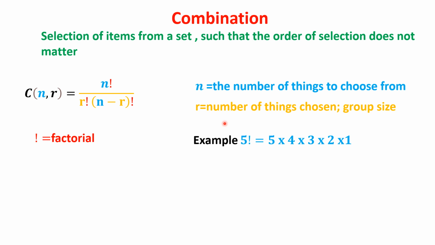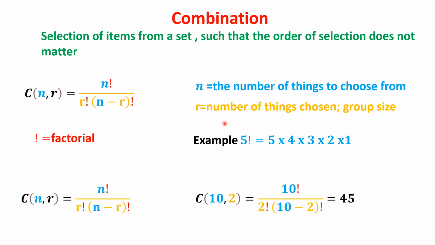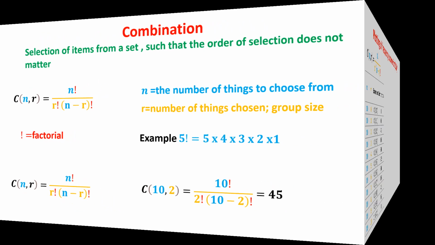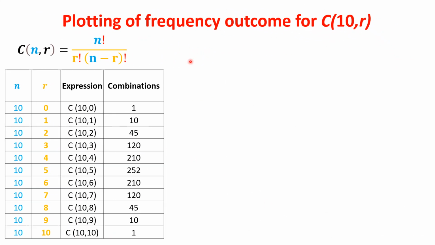Okay. Now, if I want to choose two job from that particular tray or the set, how many combination can be made, or by how many different way it can be chosen? Formula is this, and we have got 45. So 45 combinations are there where I can choose two job from the set of 10 job. Are you getting me? So from this formula, I can calculate combination for anything.